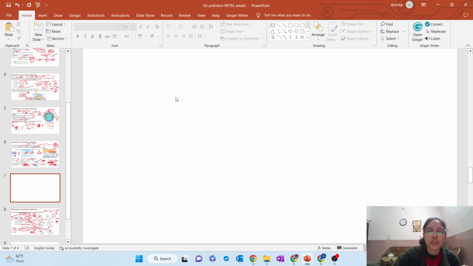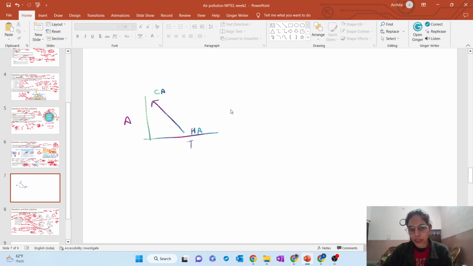Ideally when we see the troposphere, this is the trend, right? So this is temperature, this is altitude. With increasing altitude, there is a decrease in temperature, right? So this is hot air, and this is the cooler air. So this is the ideal scenario that should happen in an atmosphere.